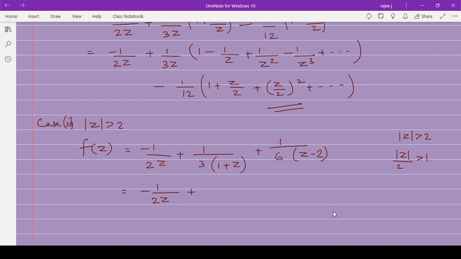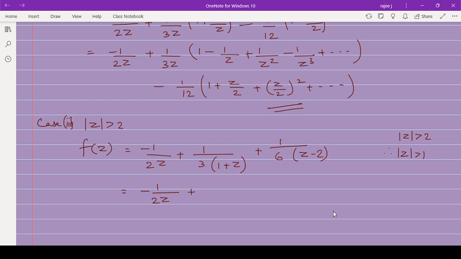Okay, so we do not want this greater than 1. So what we can do here is we will just reverse this one. Mod z greater than 2. Now how can it be written as something greater than, if mod z is greater than 2, obviously mod z will be greater than 1, right?